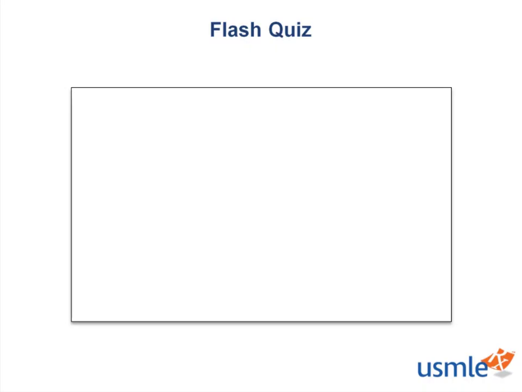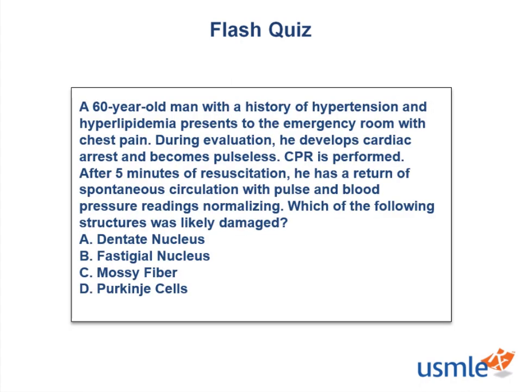Alright friends, it's time for a flash quiz. The question reads that a 60-year-old man with a history of hypertension and hyperlipidemia presents to the emergency room with chest pain. During evaluation, he develops cardiac arrest and becomes pulseless. CPR is performed.